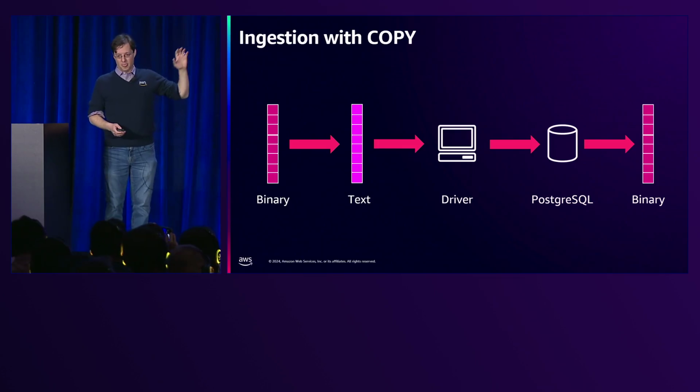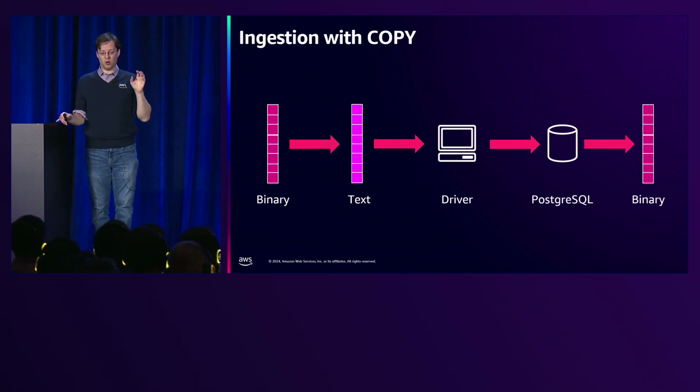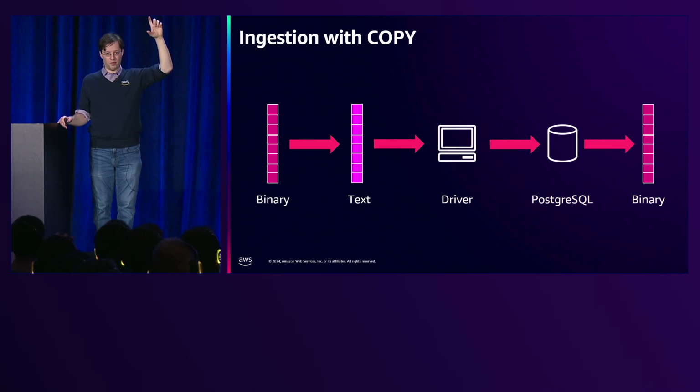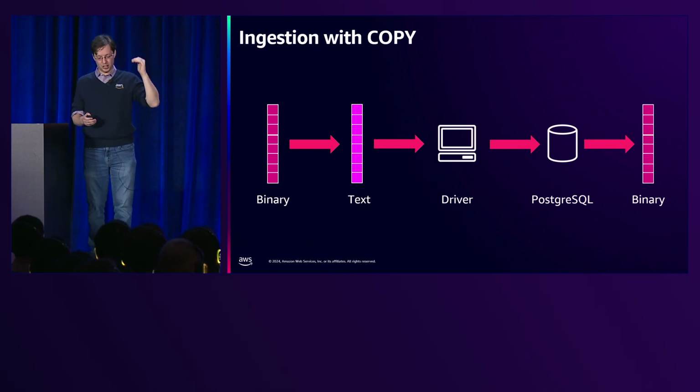What happens if you're just using copy is that you'll take a binary formatted vector, convert it to a text representation, send it over the wire, and Postgres gets it and converts it back to the binary format. That's expensive because, particularly if your vector is 1,500 dimensions, you're basically converting from 1,500 floats to 1,500 text values back to 1,500 floats. And I've literally seen my machine crying trying to do that.